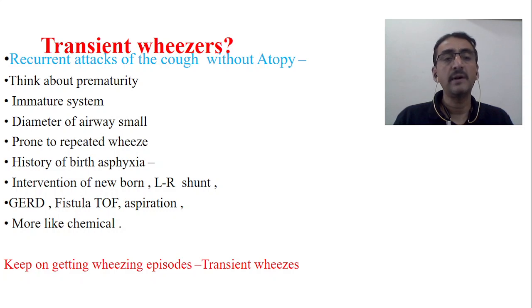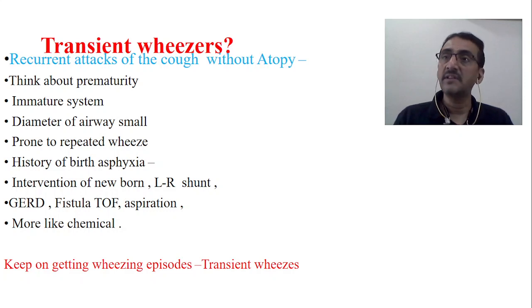Sometimes you may also find the history of, suppose, a child with birth asphyxia, a child with intervention during the time of delivery, a child with left to right shunt, a child with gastroesophageal reflux disease, a child with tracheoesophageal fistula, aspirations, sometimes chemical aspiration.